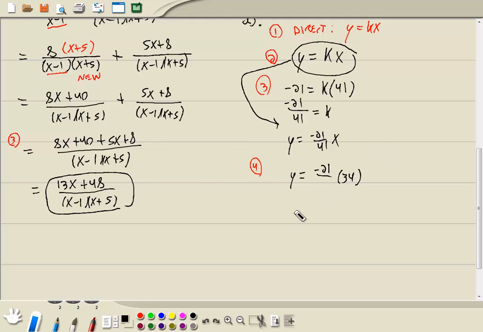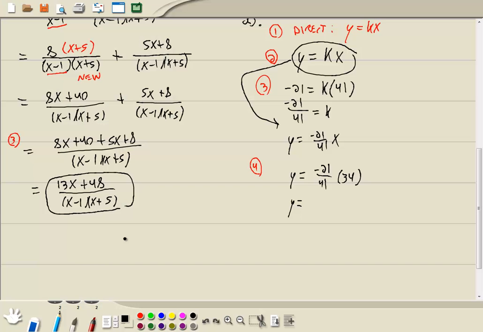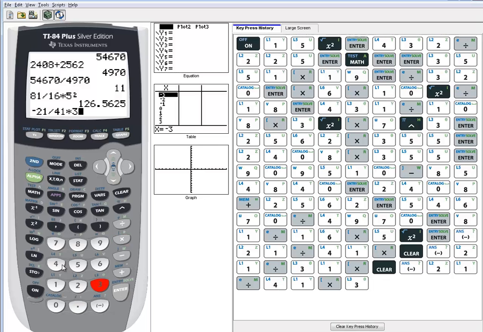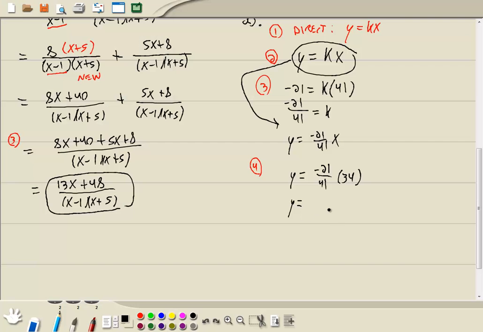I think it maybe destroyed some of my brain cells. It should be 41. Okay, let's try it again. Negative 21 divided by 41 times 34. Makes me wonder how many mistakes I've made in this review. Negative 17.41 to 2 decimal places.